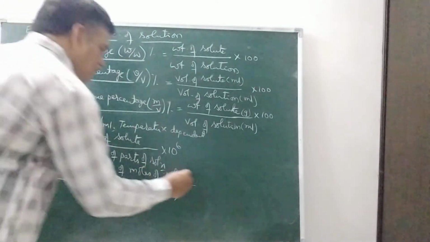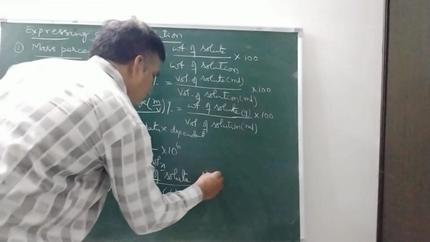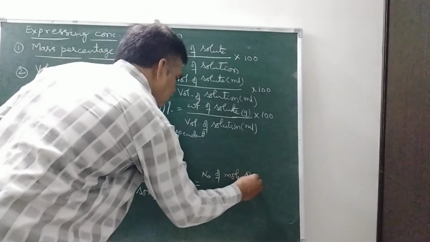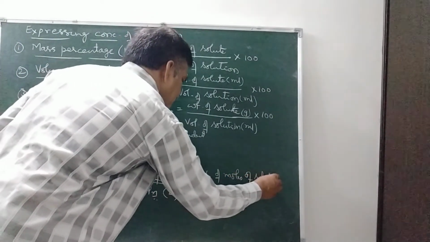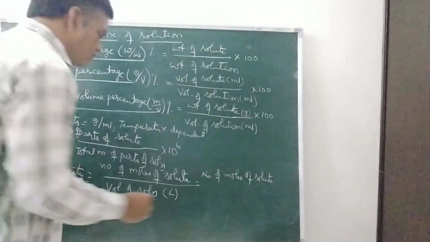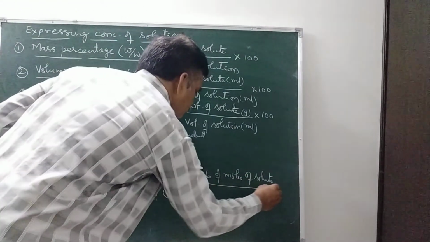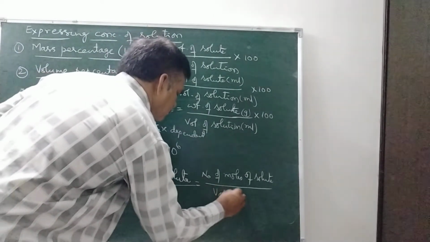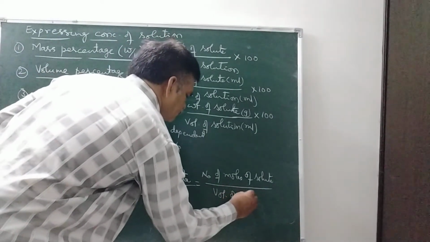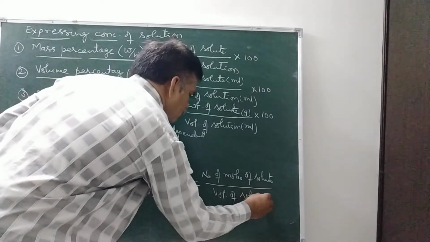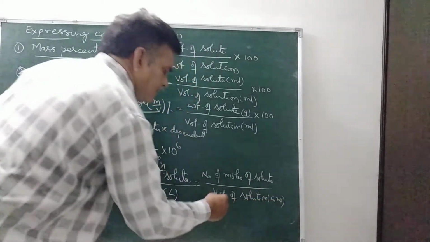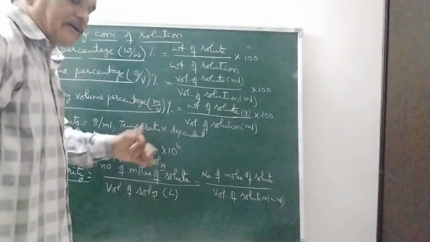Or that is equal to number of moles of solute by volume of solution in liters. If volume is given in ml, we convert into liters by dividing by 1000.